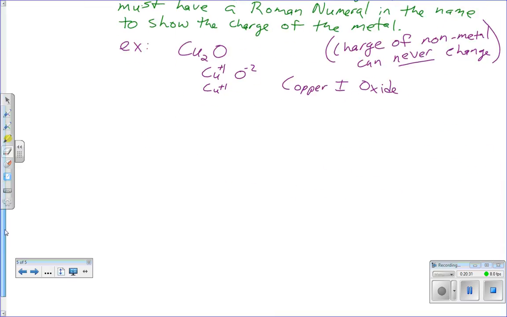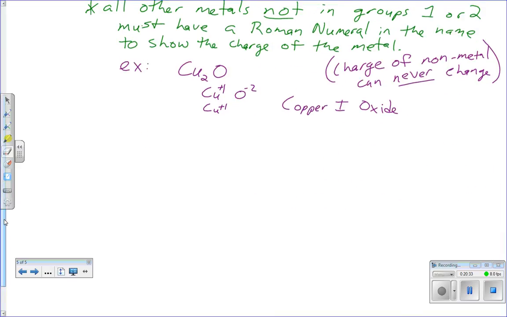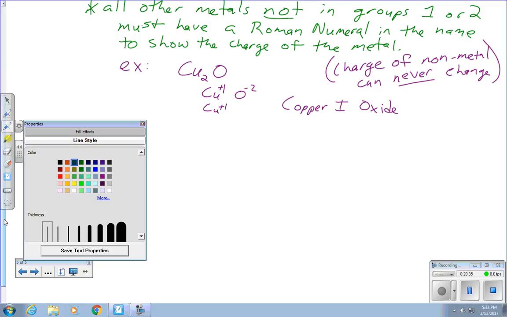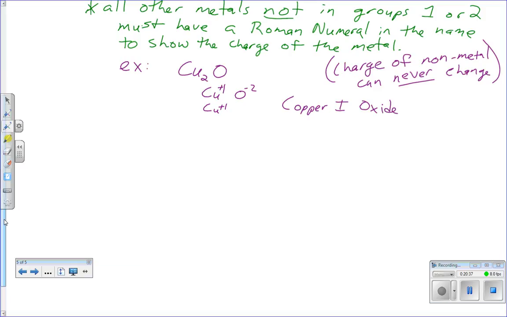I'll do one more of these. This one's kind of ugly, but iron with oxygen.